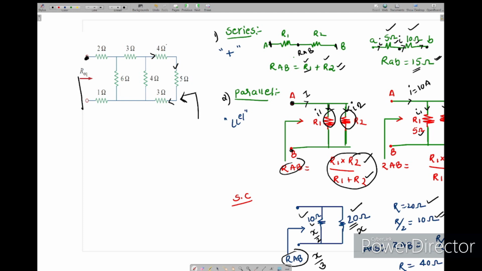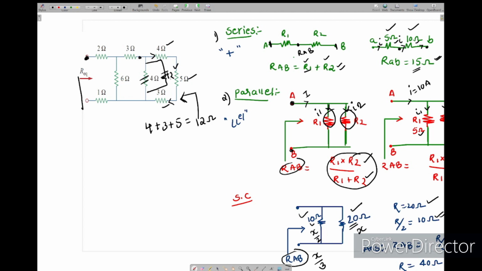Series connection means they will be added. How much will we get? 4 plus 3 plus 5 equals 12 ohm. So here we got 12 ohm across this. Now this 4 ohm and 12 ohm are in parallel.